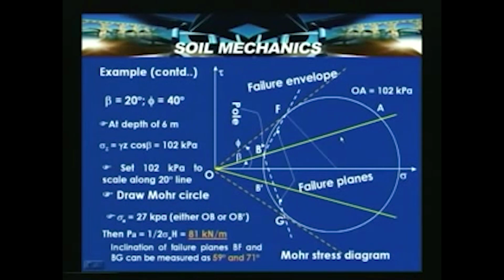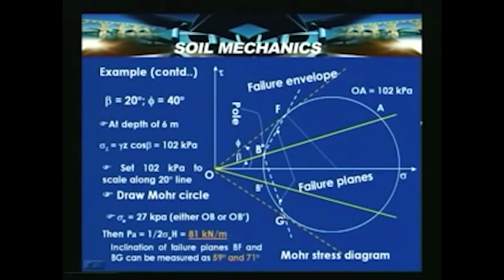Now at a depth of 6 meters, that is z is equal to h is equal to 6 meters, sigma z is equal to gamma into h cos beta, which will give us 102 kilopascals, or 102 kilonewton per meter square. With that, set 102 kilopascals to a scale and represent it along this particular 20 degrees line, that is this surface line.